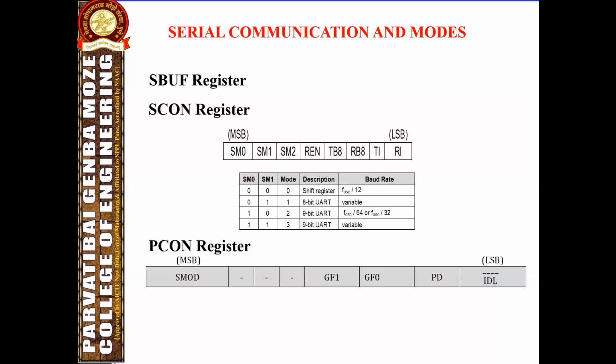The reception of serial data will begin if the receive enable bit REN in SCON is set to 1 for all the modes. In addition, in mode 0 only, RI must be cleared to 0, and RI is set to 1 when a byte is received in all the modes. REN is the only program control to prevent or to receive the serial data.